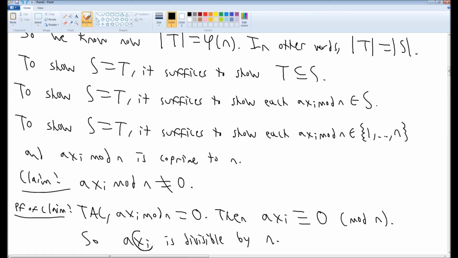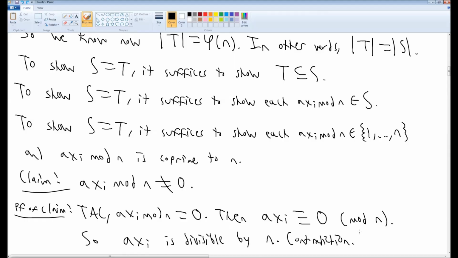And xi is, remember, an element of S, so it's coprime to n. So both of these guys have no prime factors in common with n. So therefore, when you multiply them together, their product also has no prime factors in common with n. So there's no way that this could be divisible by n, so that's a contradiction.